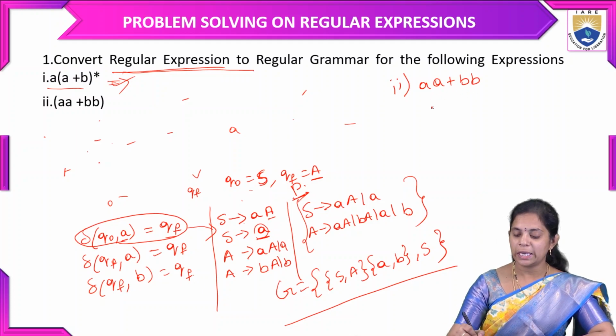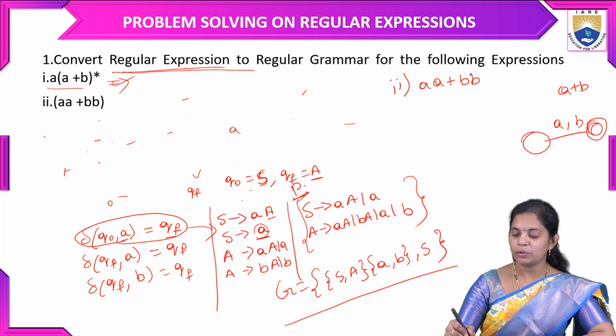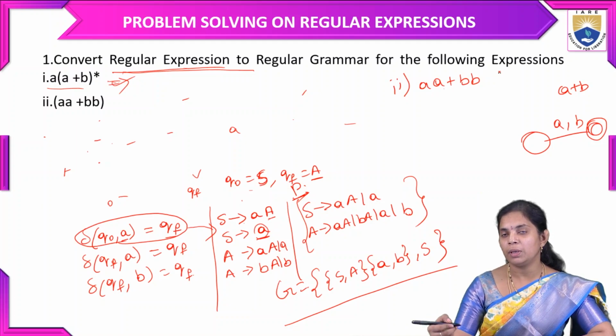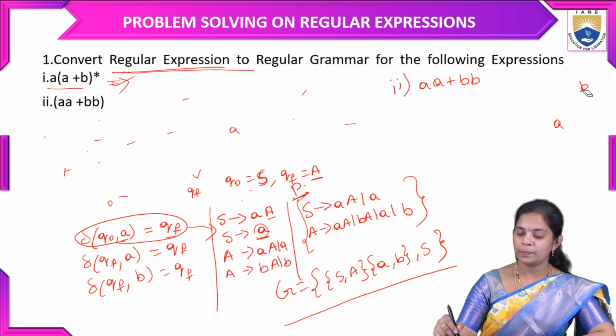If you observe a plus b, with the a input or b input, it is reaching the final state. So this is the thing. And here also one more, aa or bb. So with the double a's or double b's, it is reaching the final state. So how to represent this in a finite automata?